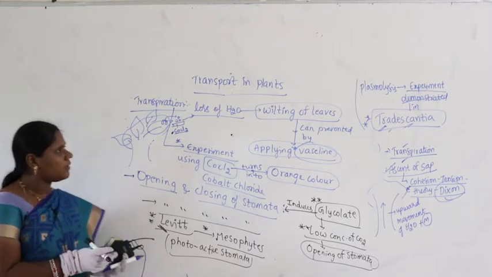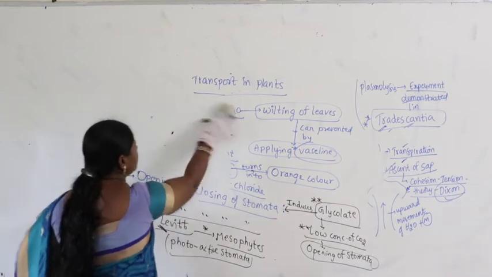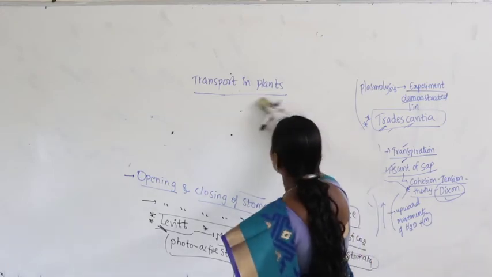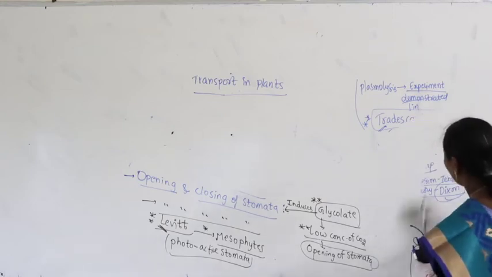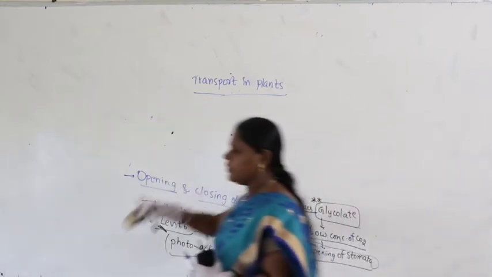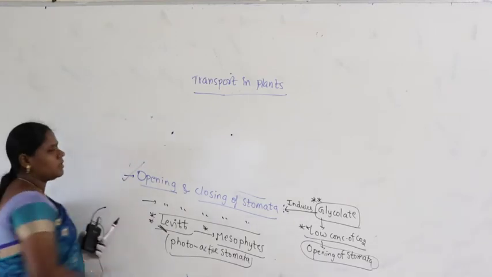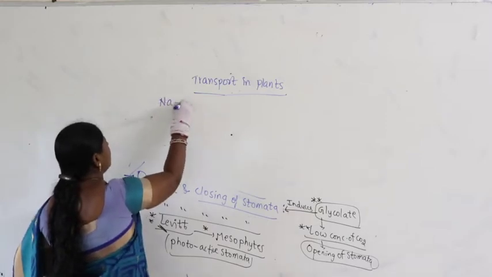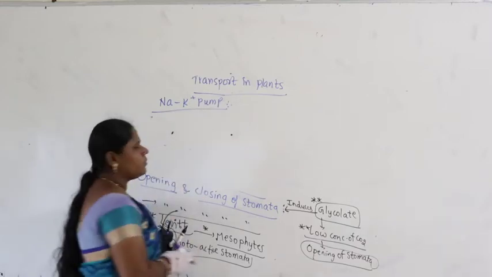Now, further, what we have to remember about opening and closing. In the process of opening and closing of stomata, as we just studied, the scientist is Levitt, the K plus theory, or H plus active transport theory. Along with potassium, even sodium is also involved in transportation across the membrane.